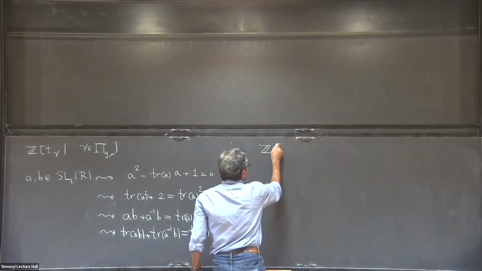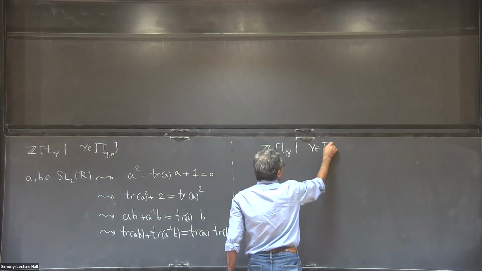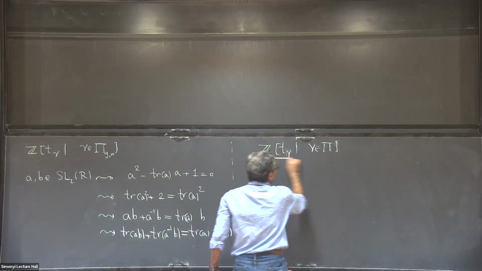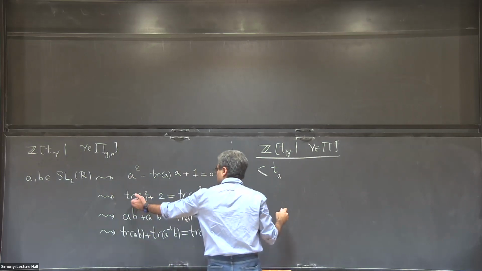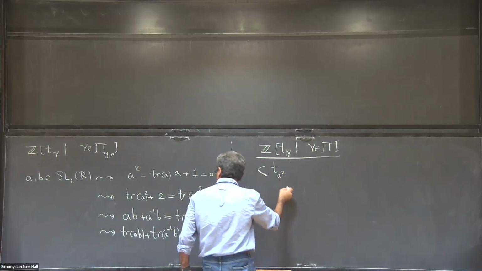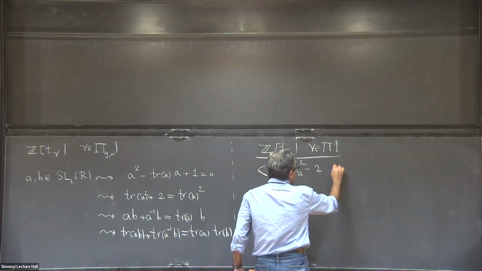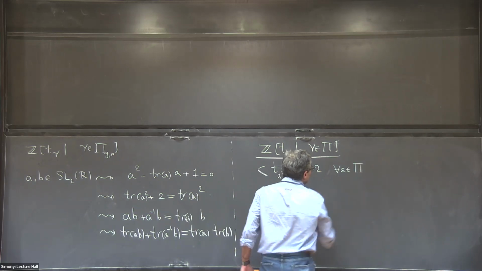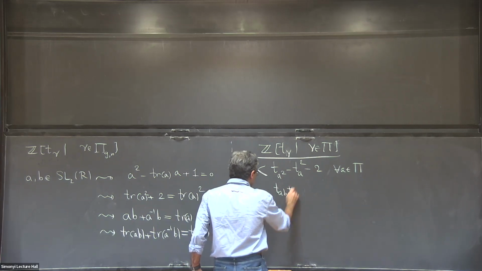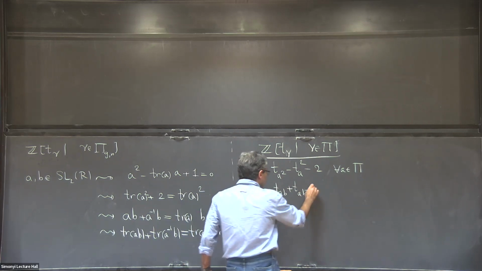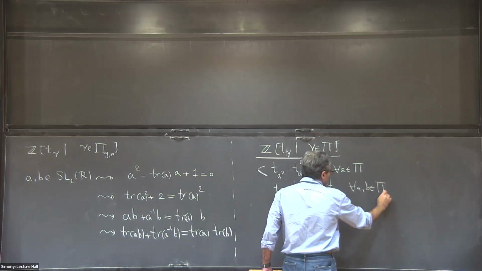I mod out by the ideal generated by the relation that comes from here: T sub A squared minus T sub A squared minus 2, for every A inside my group. And the other relation is the one that comes from the other identity: T sub AB plus T sub AB inverse minus T sub A times T sub B, for every A and B from the group.